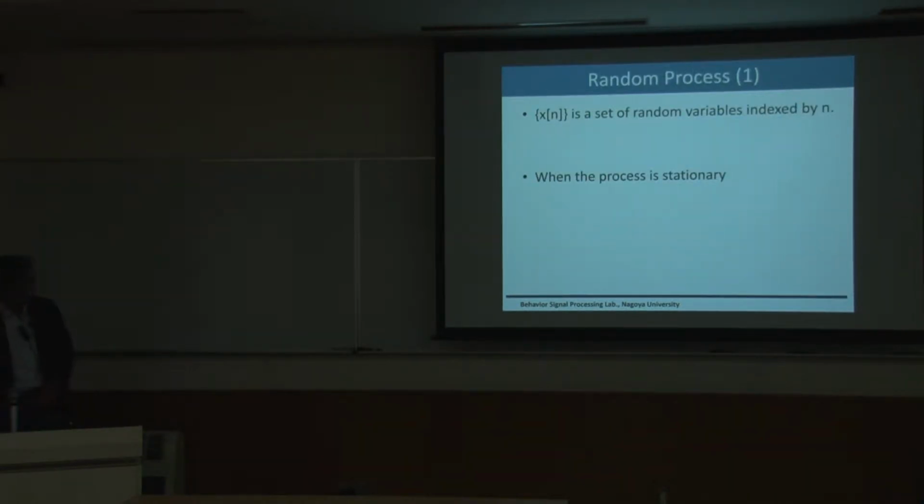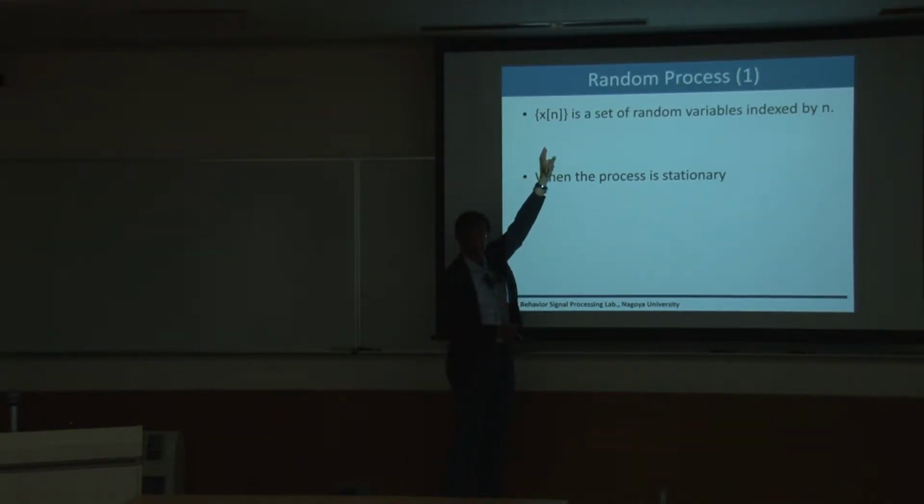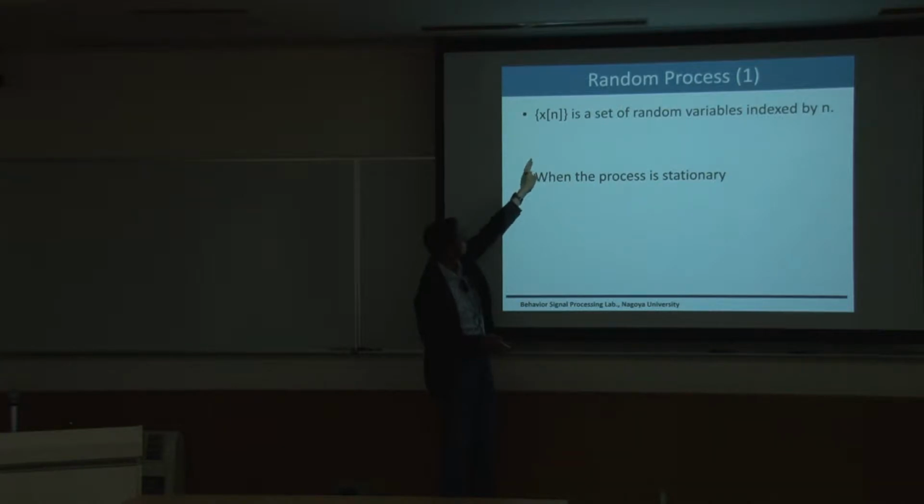So the random process is a one-level extension of the probability theory, which is extended based on the index n, like the data and signal. A random process x_n is a set of random variables indexed by n.